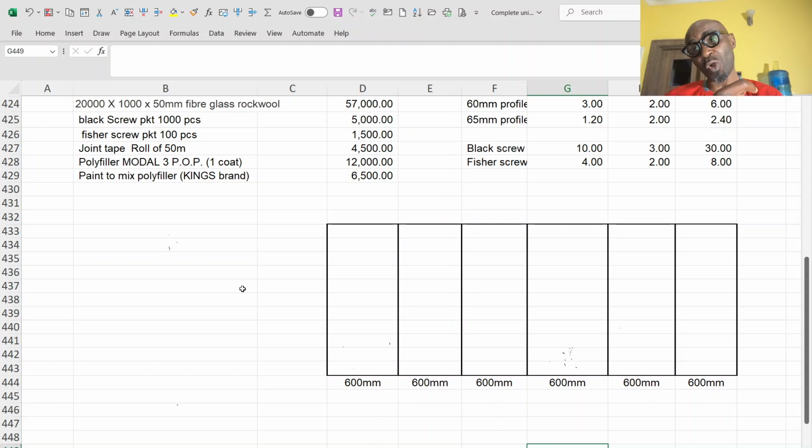The gypsum board comes in different thicknesses, ranging from 10 mm, 12.5 mm, 15 mm, up to 20 mm thick. So depending on what you intend to use it for, or what the crafter of the bill intends the wall to achieve, that is how the description will be written.